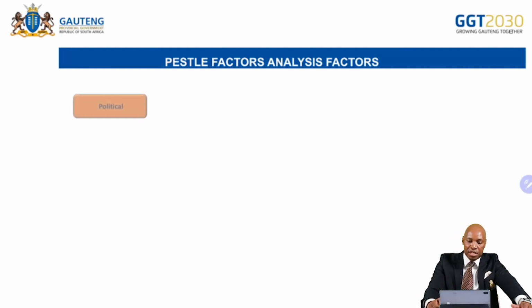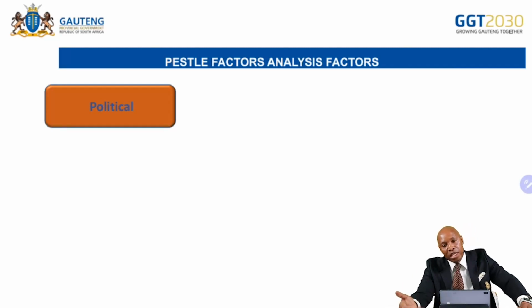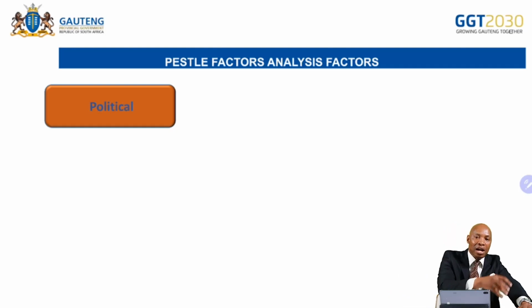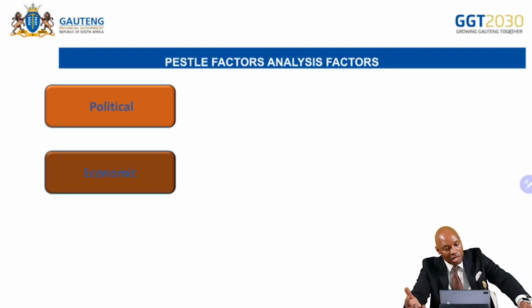Then we have P, which stands for political. Remember, the macro environment has politics. There could be labor unrest, there could be service delivery protests, which affect our business. So let's go on. Then we have E, which stands for what?